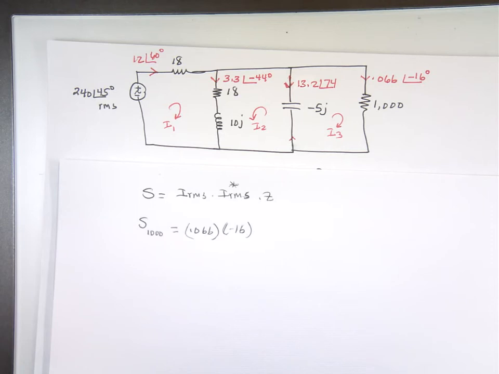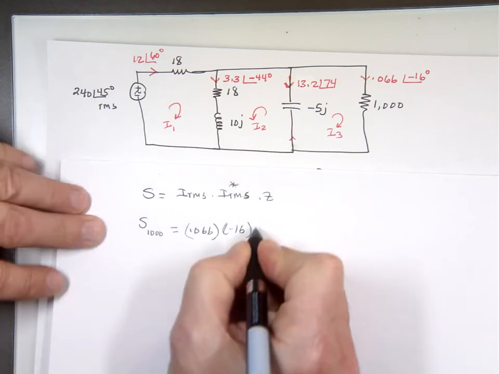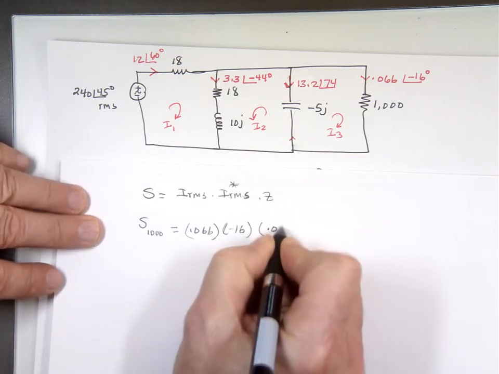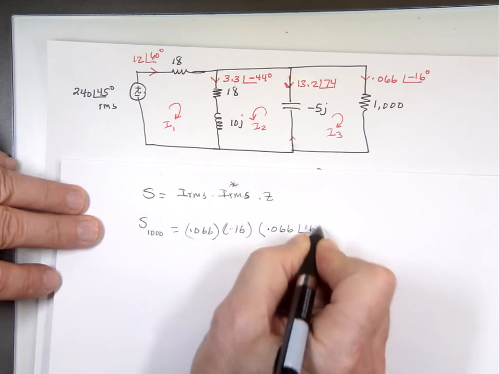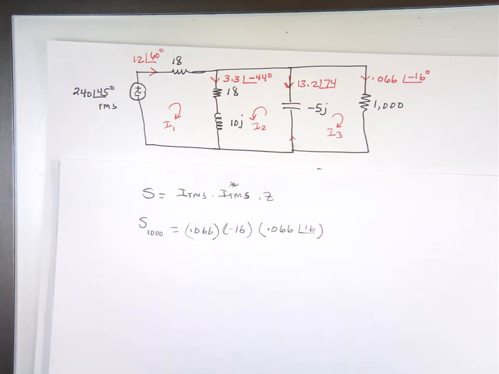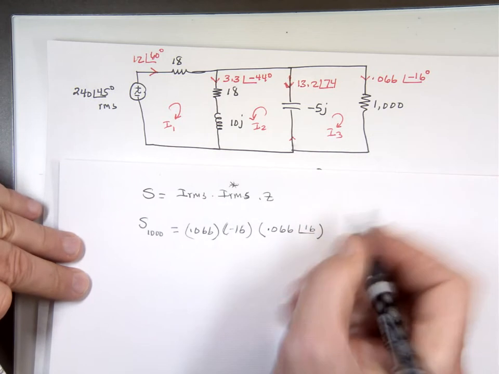Times the conjugate of that, 0.066 angle 16. The conjugate, you change the sign. And you multiply that by the value of Z, which is 1,000.